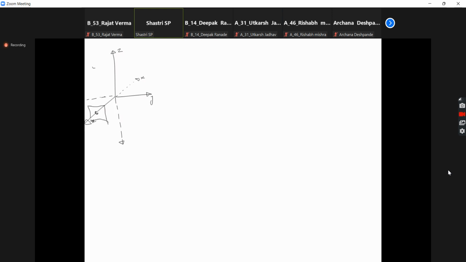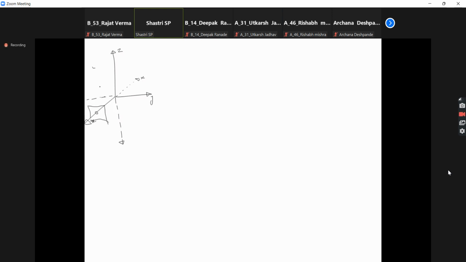This coordinate is passing through it. The size of the sheet is not mentioned, so you have to take it as infinite, which is an ideal surface charge distribution, meaning the sheet is very large.